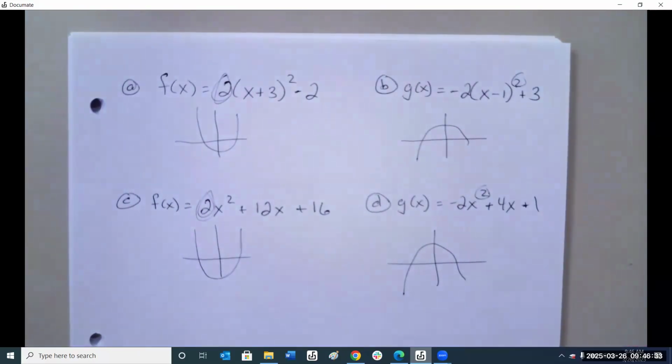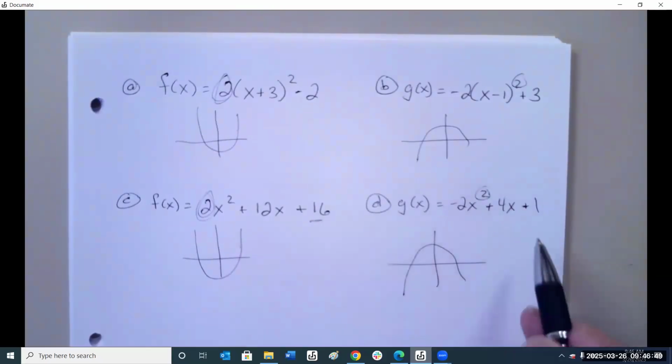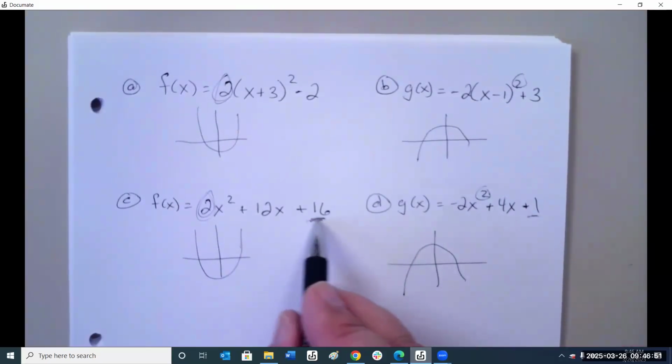All right, what else can you tell me about them? They're going to have at least 2 solutions. Well, yeah, that goes for quadratic equations. For these 2 here, you can tell me the y-intercepts.